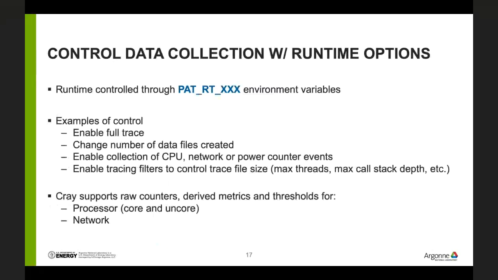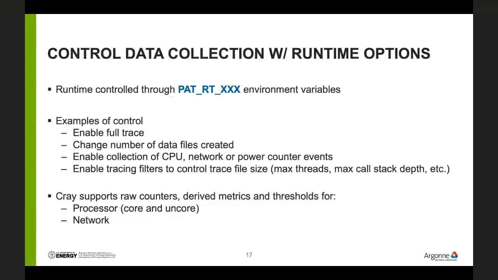You can also control the data collection with the runtime options. Usually they start with PAT_RT_something. I will show you one example on the next page. Using these runtime options, you can enable full trace, and you can also change the number of data files created.